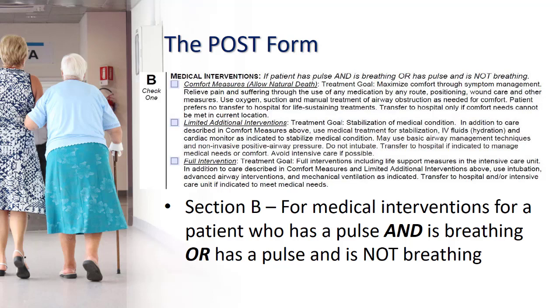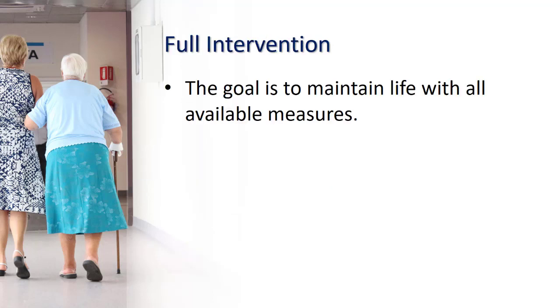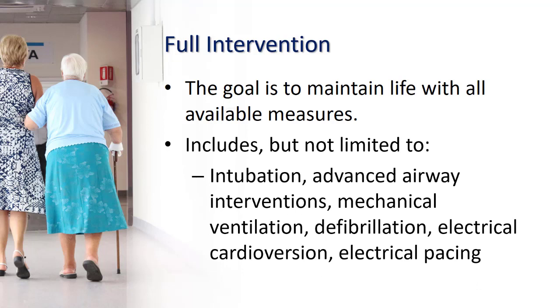So like I said, we'll look at these in reverse order. Full intervention. The goal for full intervention is to maintain life with all available measures. This includes, but is not limited to, intubation, advanced airway interventions, mechanical ventilation, defibrillation, electrical cardioversion, or electrical pacing.